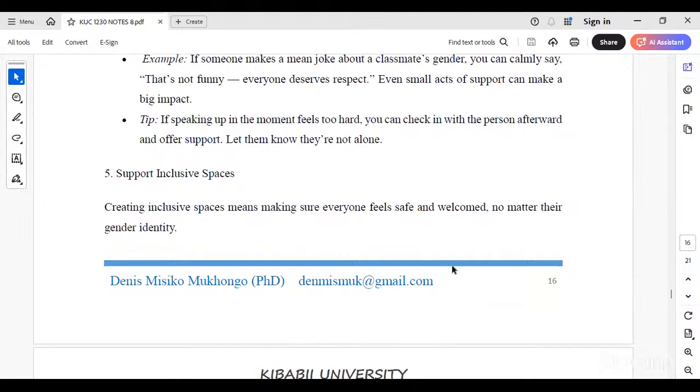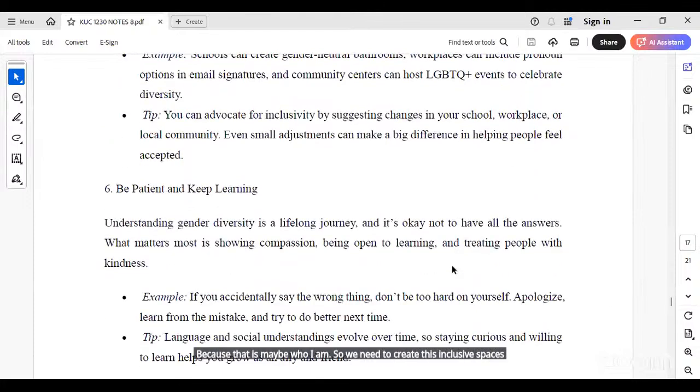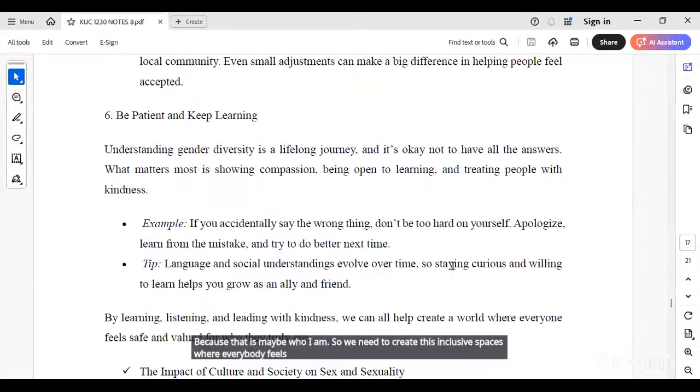Then party inaishia hapo. You will not be creating an inclusive society. Because the reality is, kwa kunichekelea haitafanya labda niwache. Because that is maybe who I am. So we need to create these inclusive spaces where everybody feels wanted.